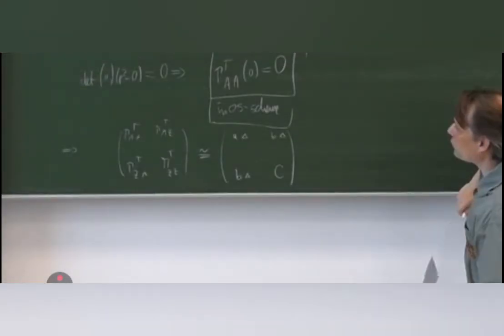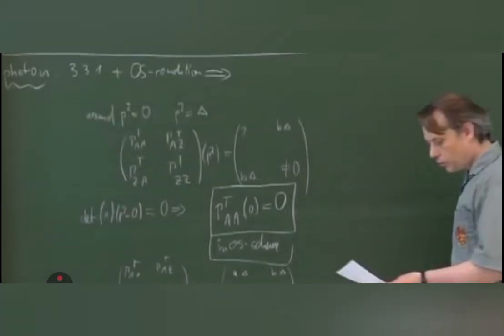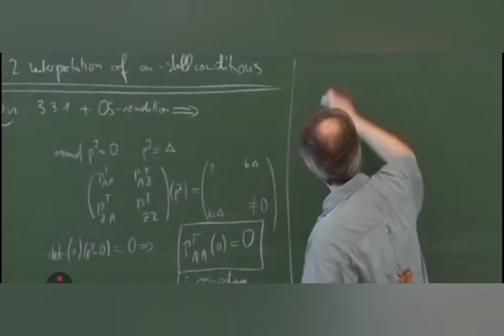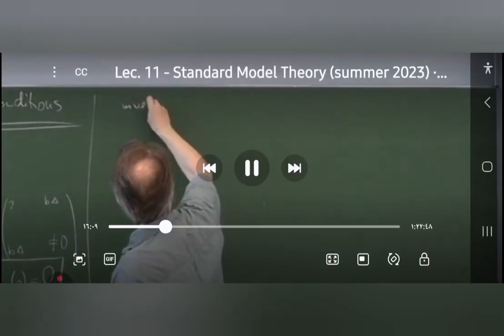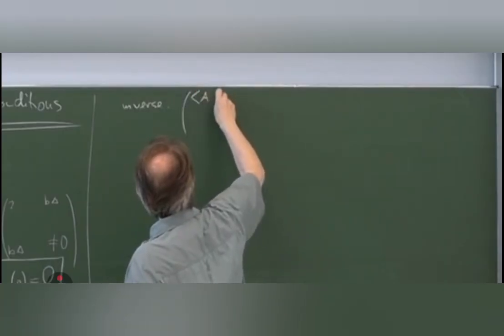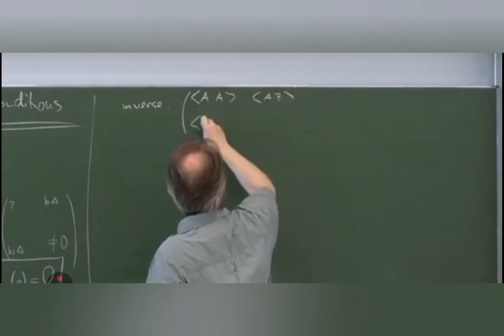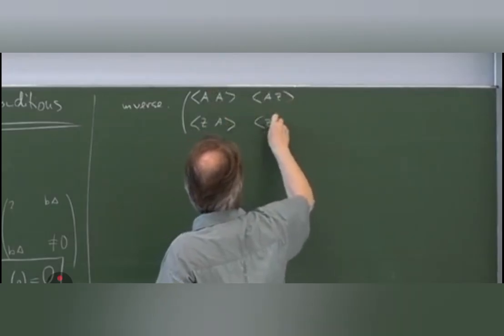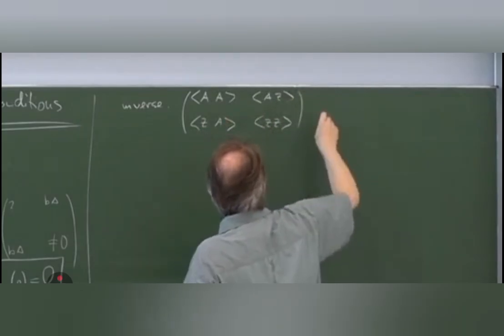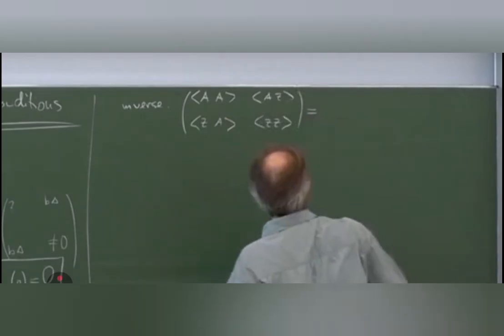So let us really do that in order to see the implication of the on-shell conditions. The inverse of this matrix of 2-point functions AA, AZ, CA, CZ, that is I times the inverse of that.